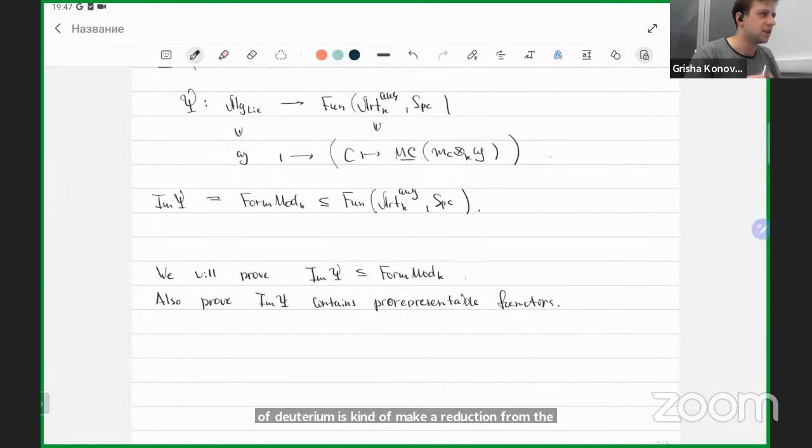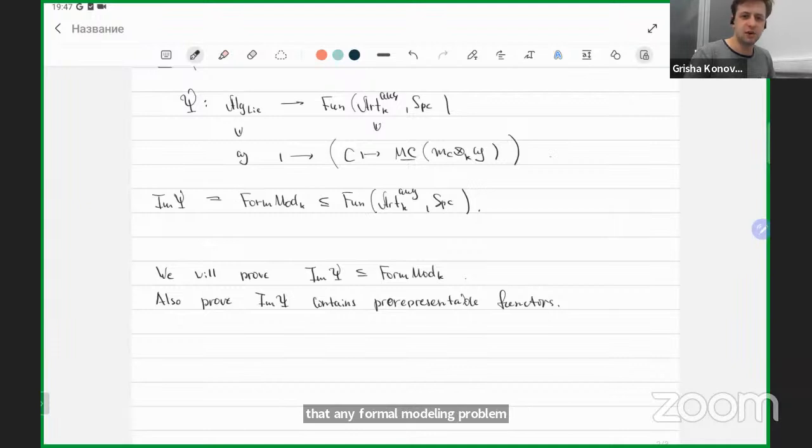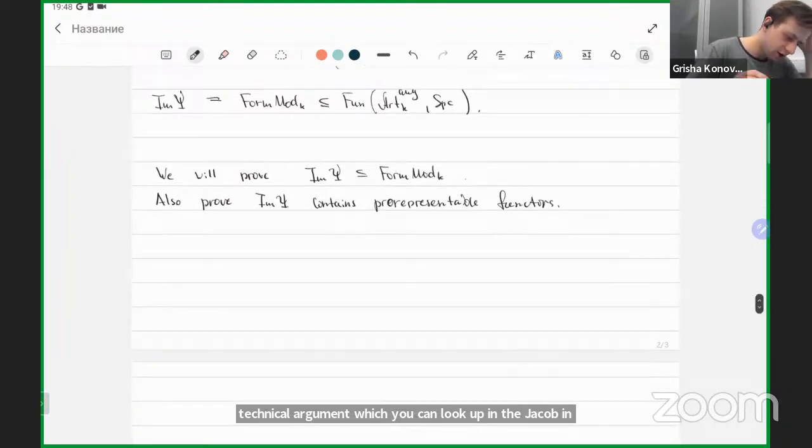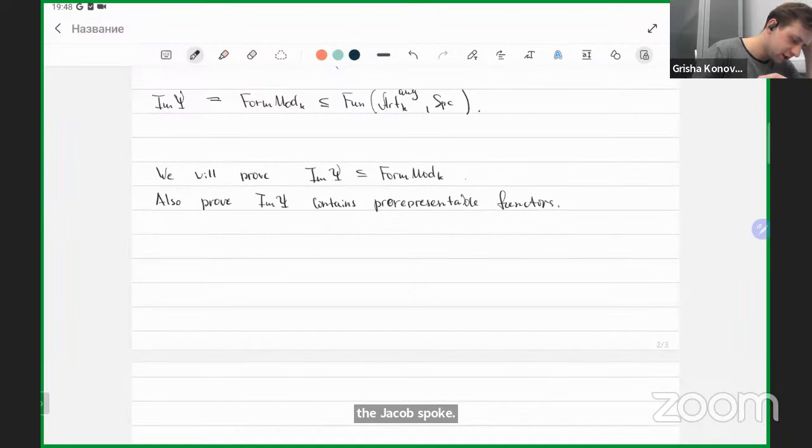And this is a technical geometric argument, whereby you prove that any formal moduli problem admits a nice cover by pro-representables. This is a technical argument which you can look up in Jacob's book. So I will not touch that.